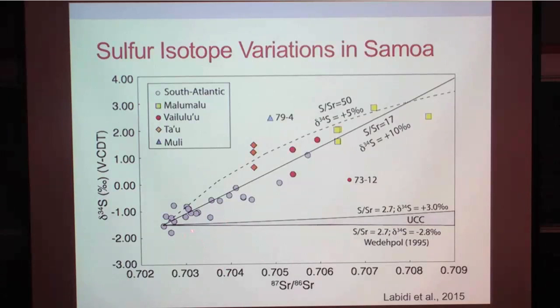Now this is sulfur isotopes in Samoan samples. Also, here's some from the South Atlantic, but here are these Samoan samples again. And we see this correlation with strontium 87/86. They're arguing that if we were just mixing into a mid-ocean ridge basalt kind of thing, if we're just mixing in the upper crust, we'd expect this to correlate that way.